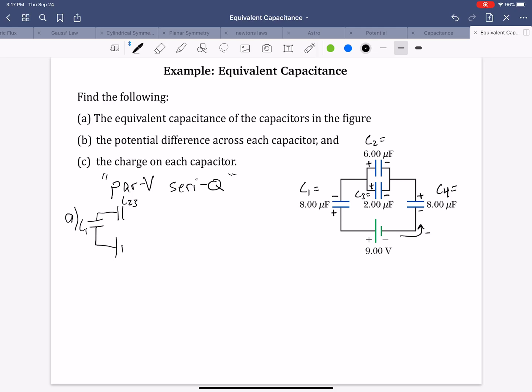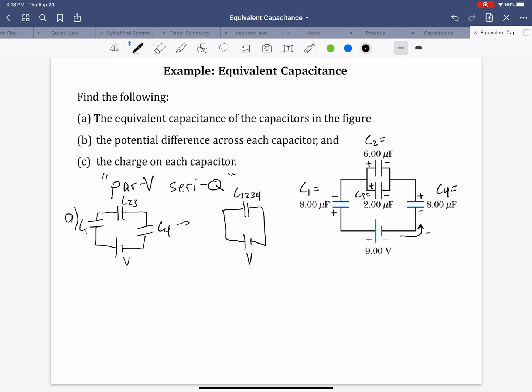That value I'll call C23. And then one more with C4. Now we have three capacitors in series, which we can redraw like such. Battery, very simplistically, battery V, and I'll call this capacitance C1234. That's the equivalent of all of them.